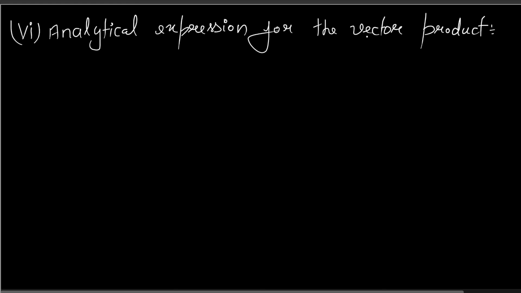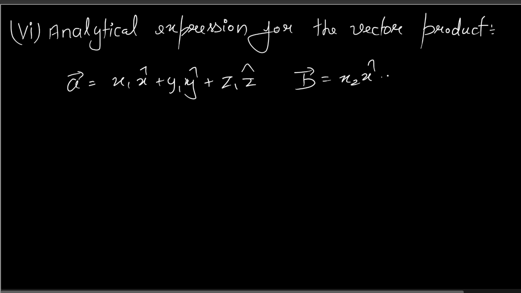Analytical expression for the vector product. Let's suppose I have vector a equal to x1 x cap plus y1 y cap plus z1 z cap, and then b vector, let me write as x2 x cap plus y2 y cap plus z2 z cap.